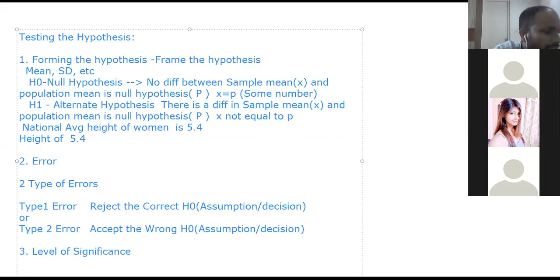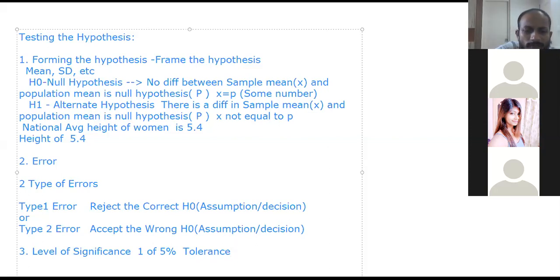Normally we use 1% or 5%. What is that level? What is the tolerance level? What kind of tolerance am I giving? We'll discuss that when we are solving the example.